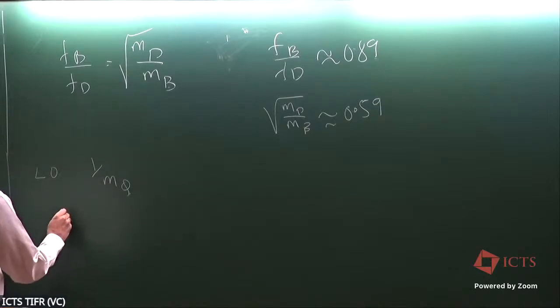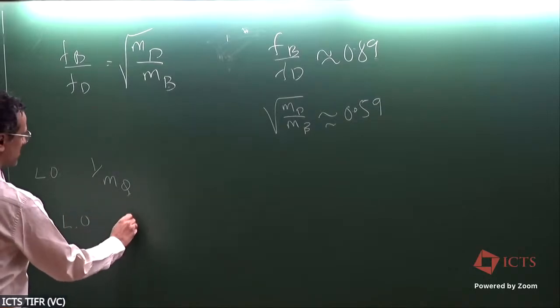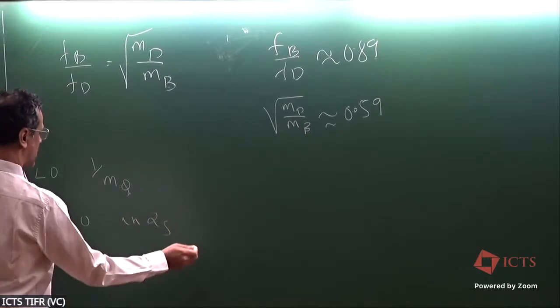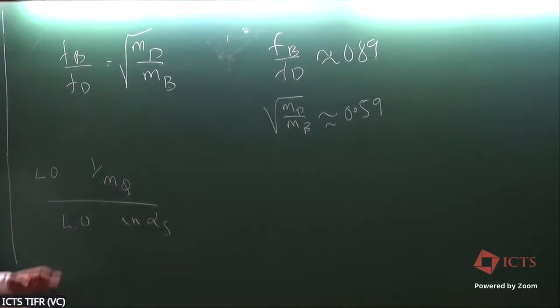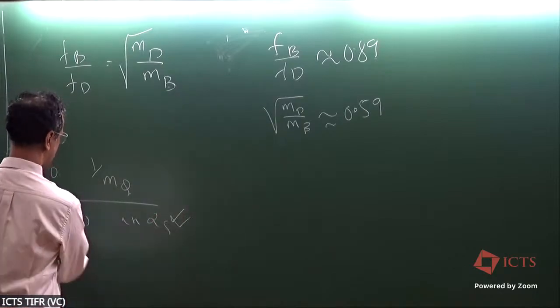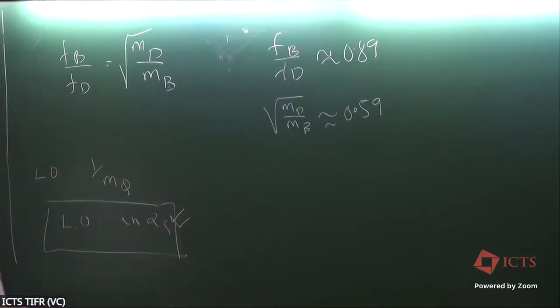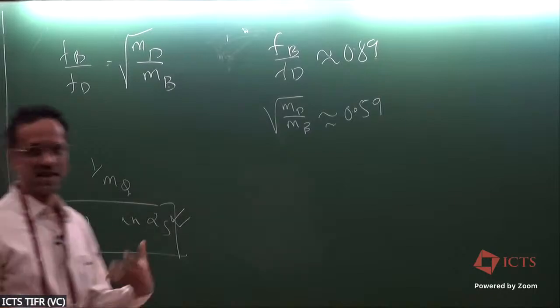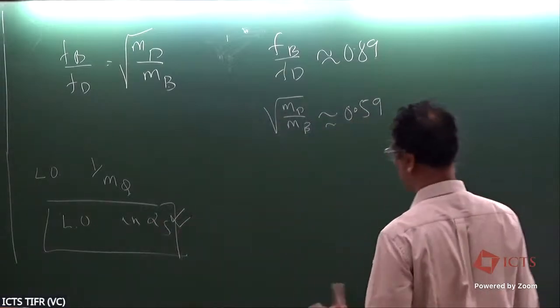This is also leading order in alpha S. So there could be corrections associated with that. What I want to cover today is look at this aspect. And this will just also give us some experience with matching and running of current operators in an EFT. So that's the goal.